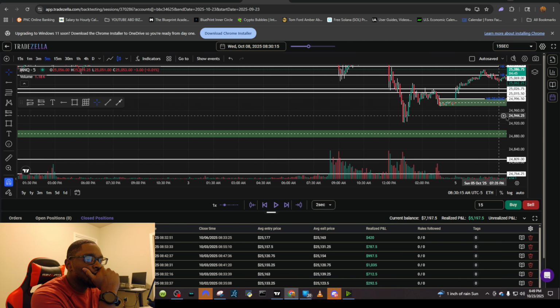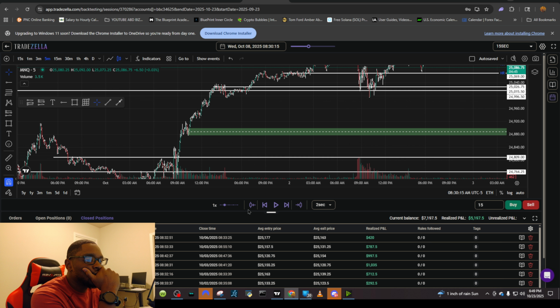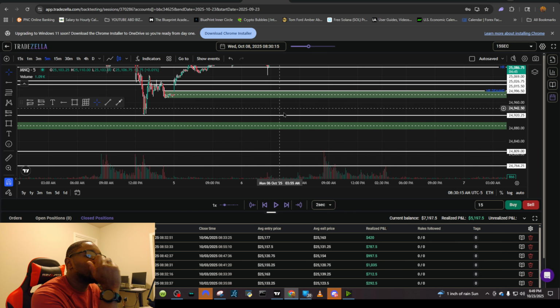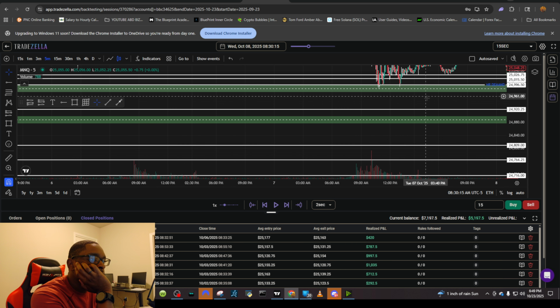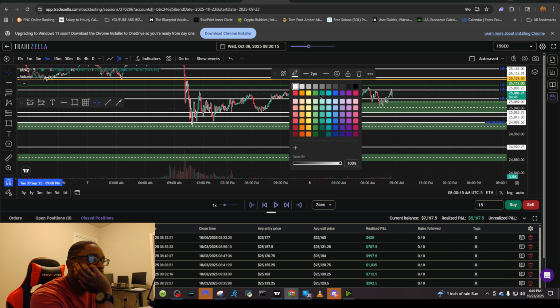This is an imbalance, so we might target these guys. Target them levels down there. This will be a target level.